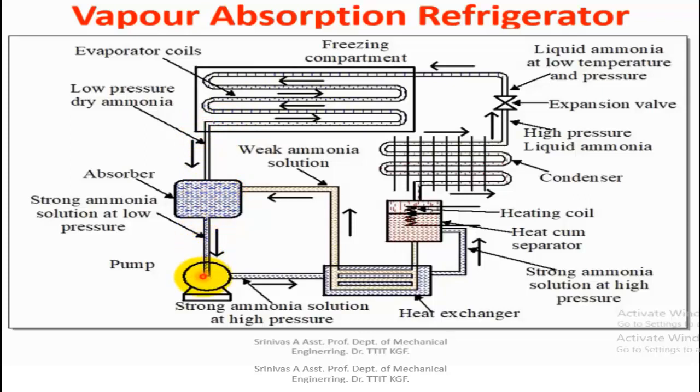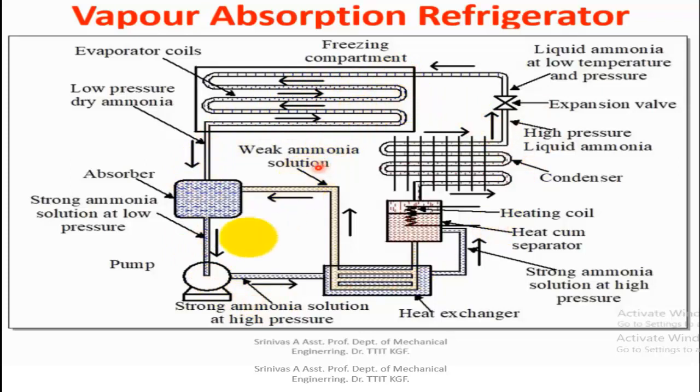Then through the pump the ammonia solution is pressurized, and then it passes through the heat exchanger, and in the heat come separator it becomes vapor, and that passes through the condenser, and it condenses to the liquid state. Through the expansion valve the liquid ammonia again passes through the evaporator, and it gets vaporized. Like this the ammonia flows in one cycle.